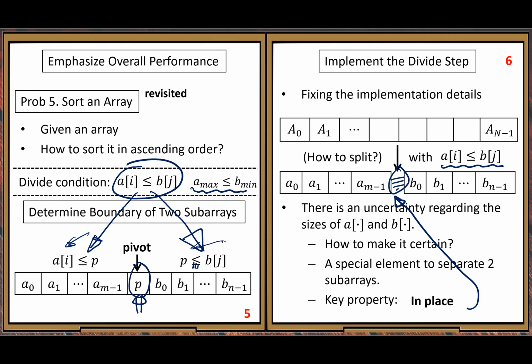Then go through the whole array from left to right and do comparison with P. Each element we do comparison with P. If it's smaller or equal, we put it in the left subarray portion. If it's greater than P, we put it in the right subarray portion of the P. So that's the idea and implementation.